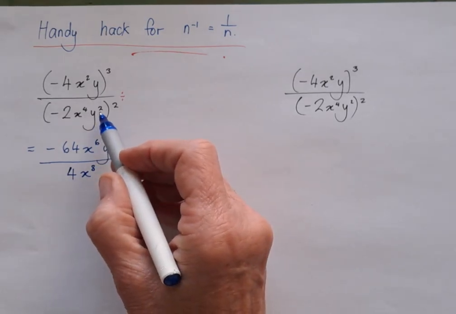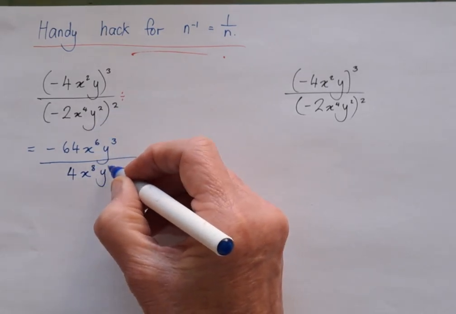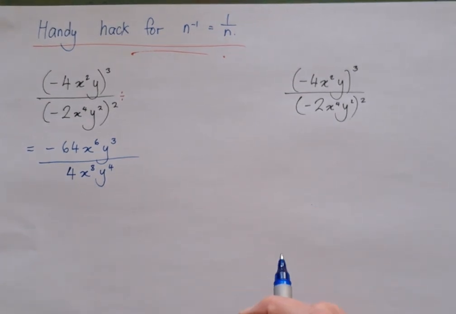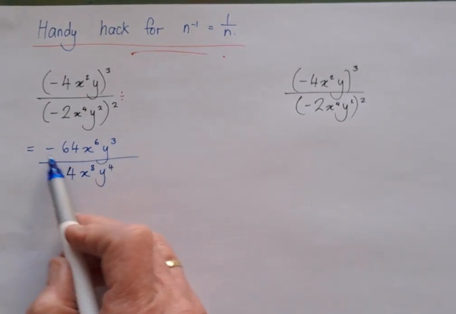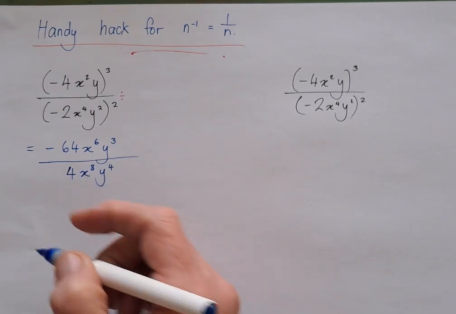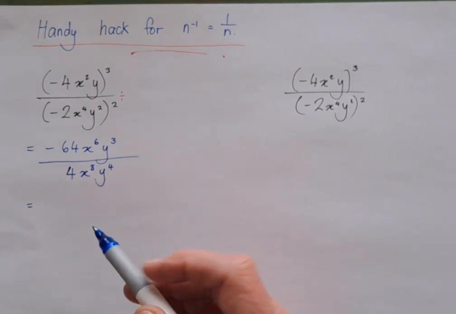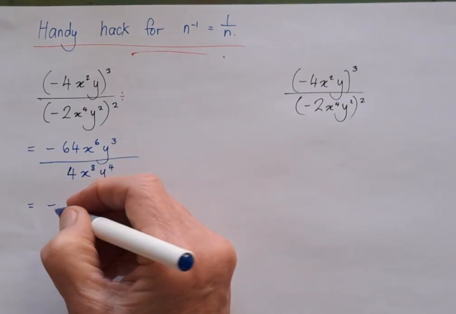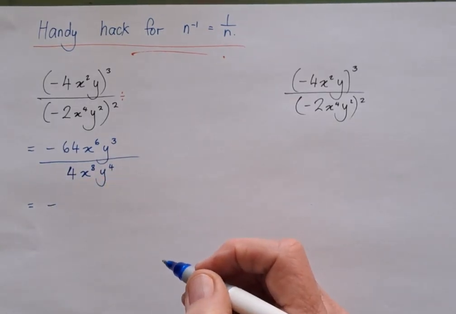And y to the 2 times 2 is y to the power of 4. All right, so everything's looking pretty good. We're ready to divide the numerator by the denominator. We go from the sign first of all. Negative divided by positive is negative, which means my overall answer is negative.